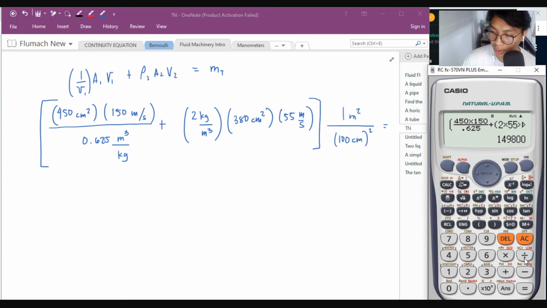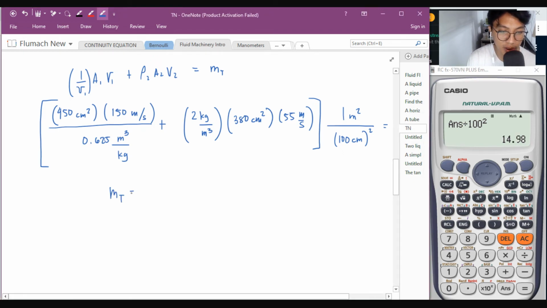Okay. I-divide natin ng 100 squared. The answer will be 14.98. Yung MT is 14.98 kilogram in every second. Mass flow rate yan, ha? So, meron ka ng MT.